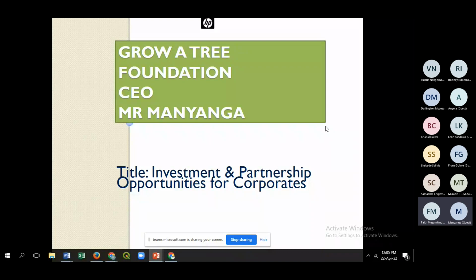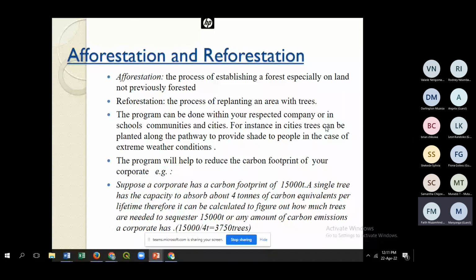Just to give an example, suppose a corporate has a carbon footprint of maybe 15,000 tons. A single tree has the capacity to absorb about 4 tons of CO2 equivalent per lifetime. Therefore, it can be calculated how many trees are needed to sequester that. In other words, if we find that the annual carbon footprint of Dairyboard is 20,000 tons, we then calculate, if you choose the option of trees to be planted, that it may take about 5,000 trees to offset that carbon footprint.